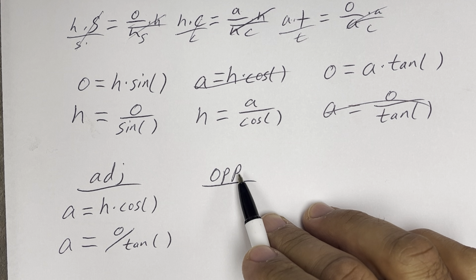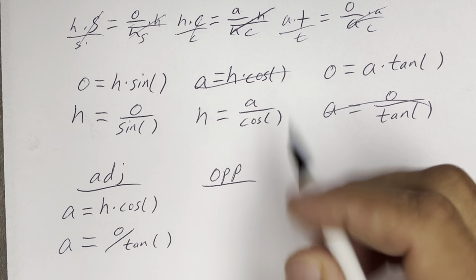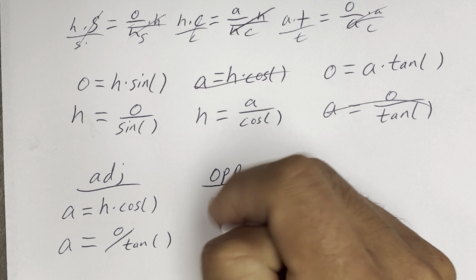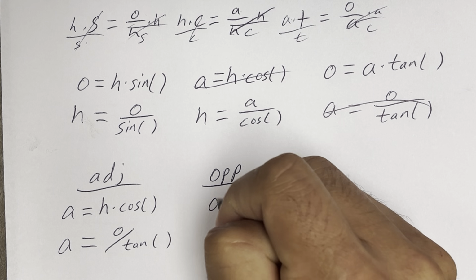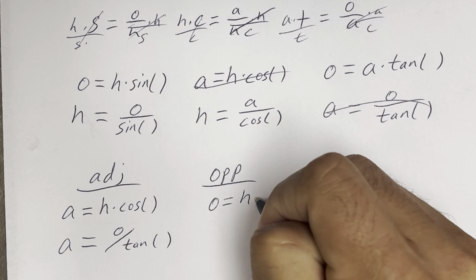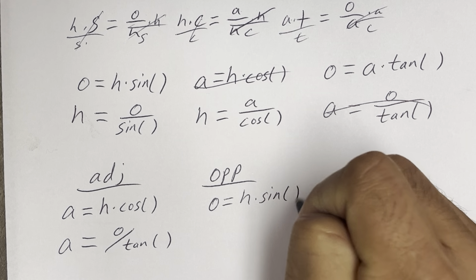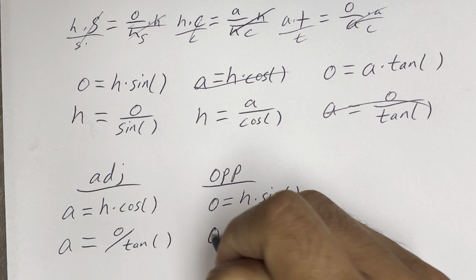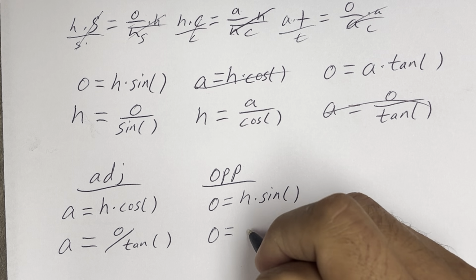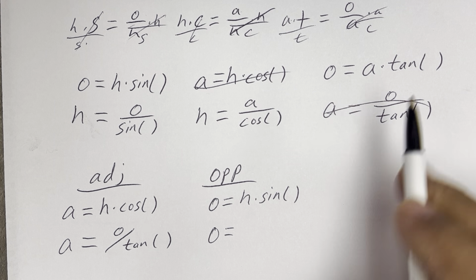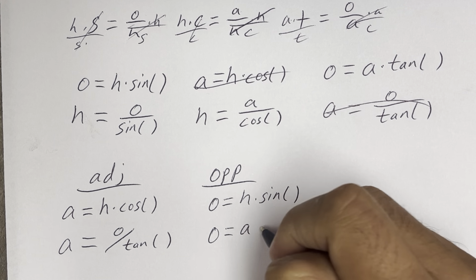If I'm looking for the opposite, opposite would equal the hypotenuse times the sine of an angle, or opposite equals the adjacent times the tangent of an angle.